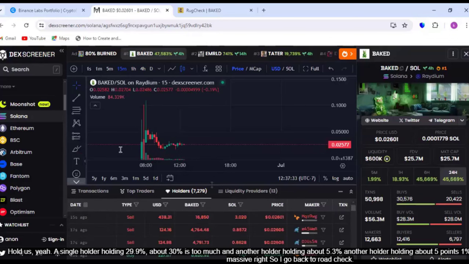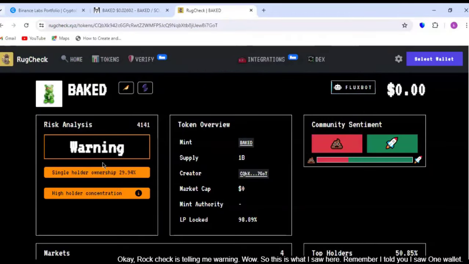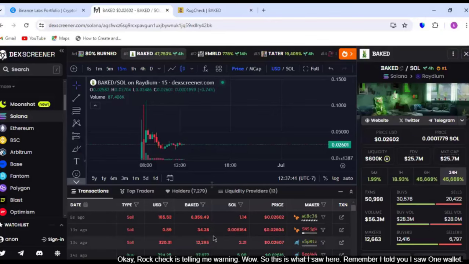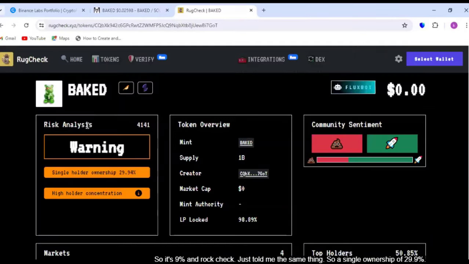So I go over to Rock Check. Okay, Rock Check is telling me warning. Wow. So this is what I saw here. Remember I told you I saw one wallet holding 29%, and Rock Check just told me the same thing. So a single ownership of 29.9%.